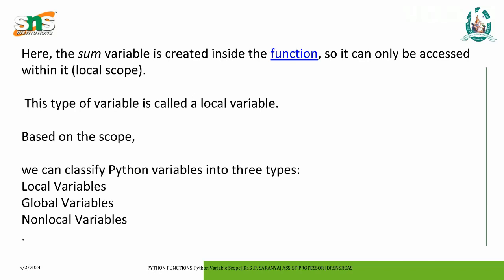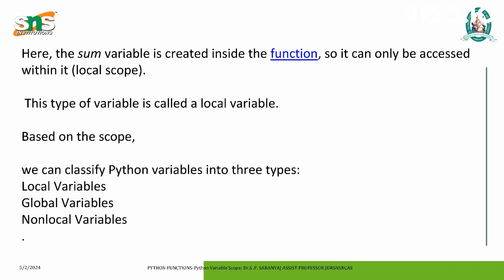When we declare a variable inside a function, this variable will have local scope within the function. We cannot access it outside of the function. We can only access it inside the function. It is called a local scope variable.